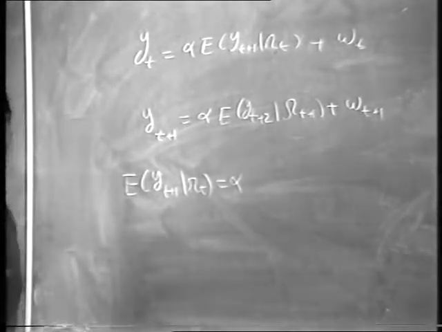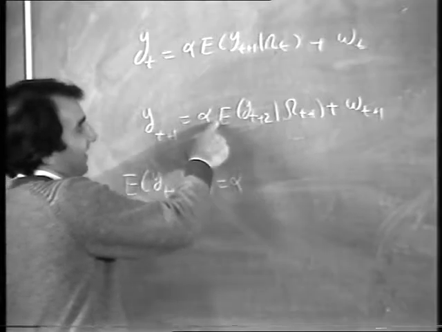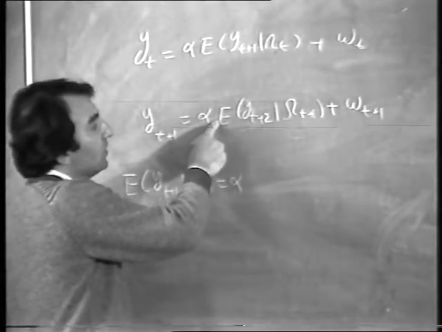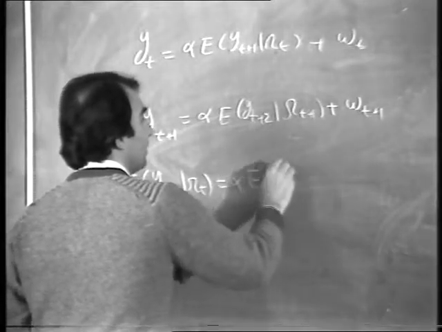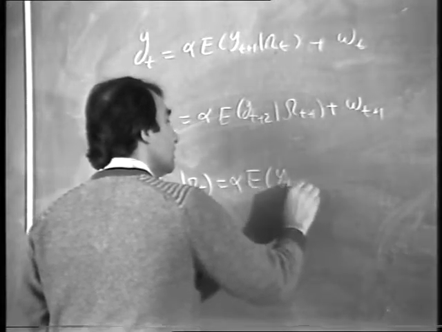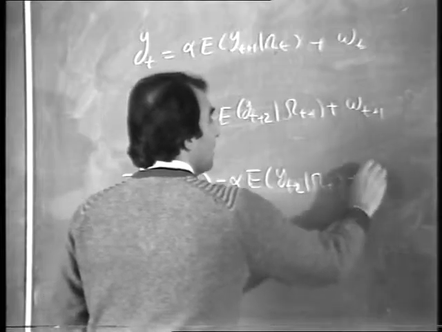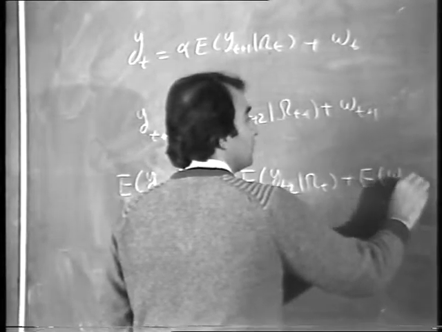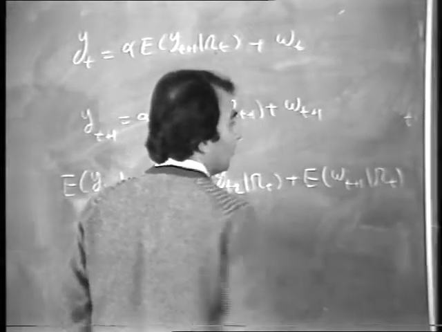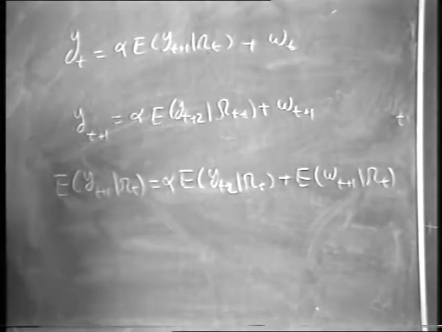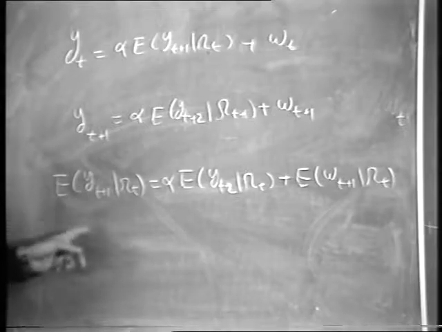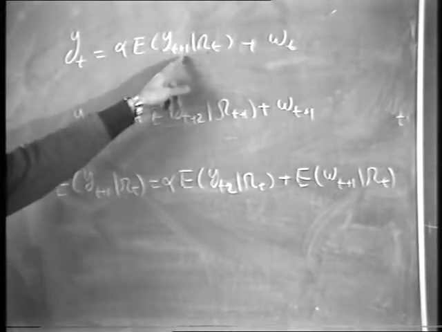I'm now going to skip a few steps, because imagine if you take the conditional expectation of this using the iteration law, that becomes the expected value of y_{t+2} conditional on omega_t plus the expected value of w_{t+1} conditional on omega_t. What I've done, I've just applied the rule. Now, if I carry on, I can replace that back in this equation.